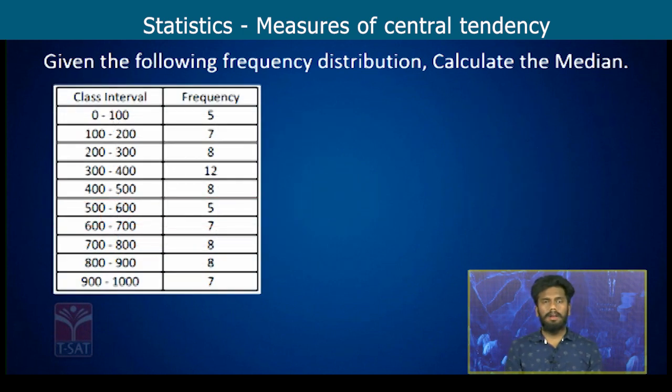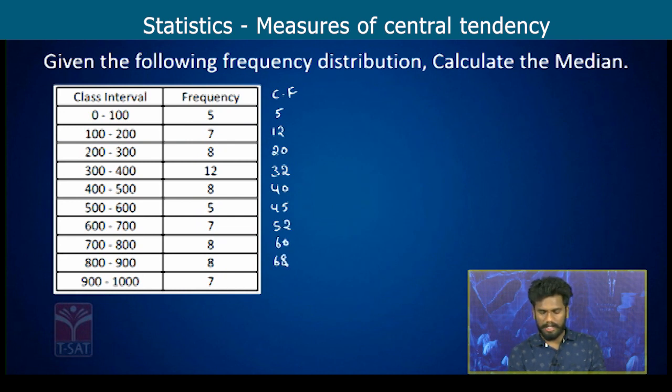When there is a class interval type of distribution, how do we find the median? As usual, first find the cumulative frequency: 5 plus 7, 12, 20, 32, 40, 45, 52, 60, 68, 75. That is the cumulative frequency.